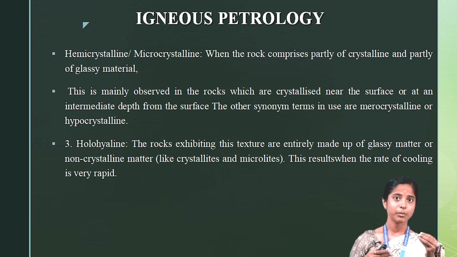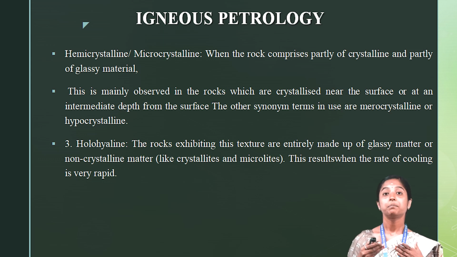So the temperature decreases in the lava and the cooling process is hastened. This holohyaline texture is mostly seen in the volcanic rocks. Examples of the holohyalines are obsidian, pitch stone, and nephelinite.